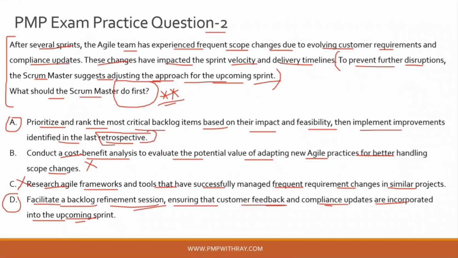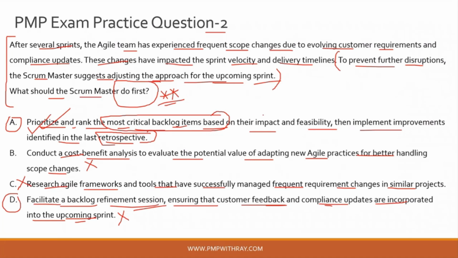Okay, and that is why option D is a very close answer choice, guys, but option D is definitely incorrect, and the correct answer to this question is option A, which is to prioritize and rank the most critical backlog items. Now this is in fact backlog refinement, right? So I think option A is more comprehensive because it is talking about having the backlog refinement done first, because backlog refinement is to prioritize and rank the most critical backlog items before you start your next sprint.